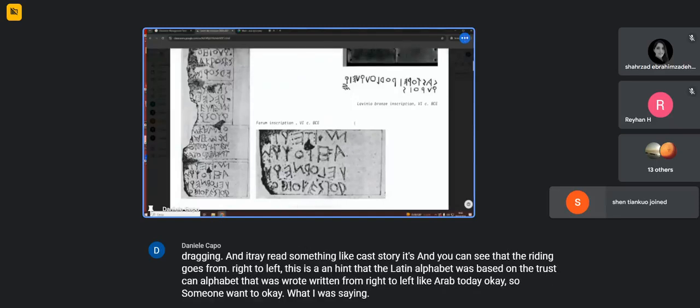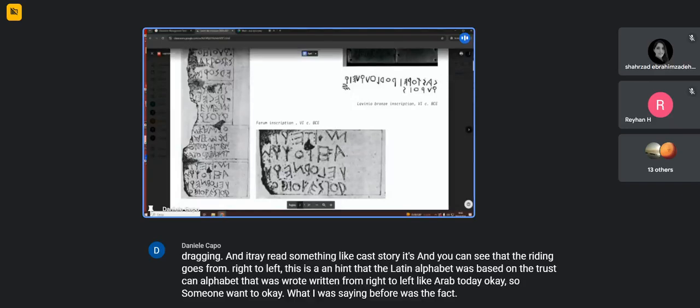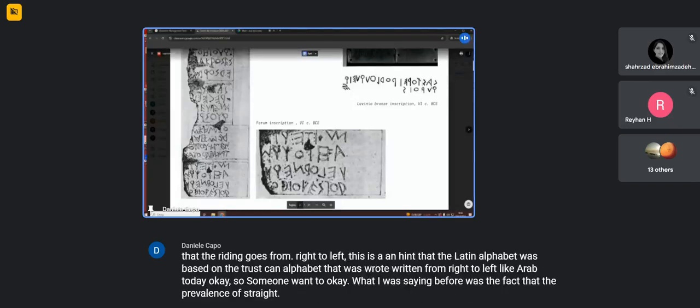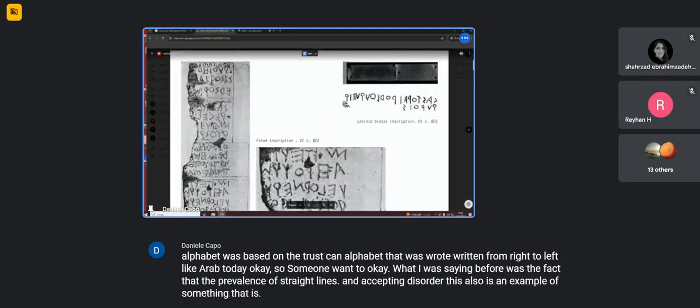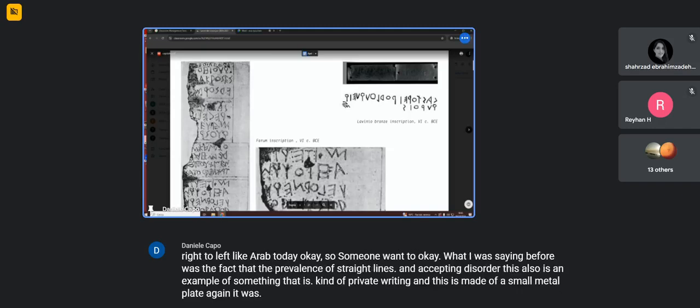What I was saying before was the prevalence of straight lines and a certain disorder. This also is an example of a kind of private writing, and this is made of a small metal plate. Again, it was written with a hard point.